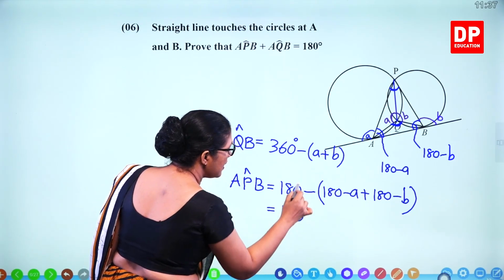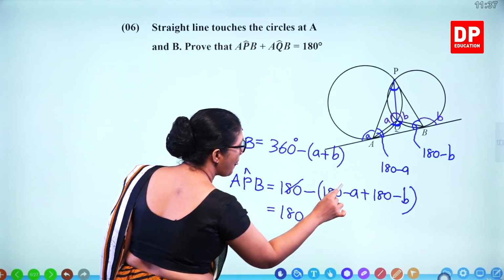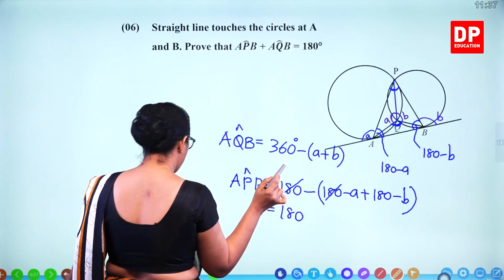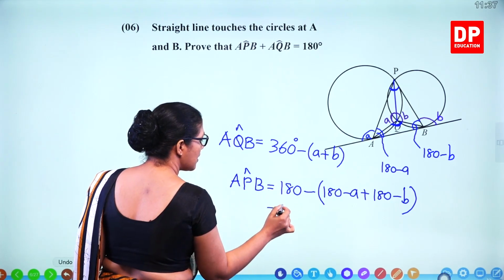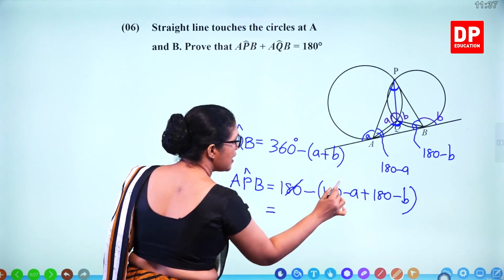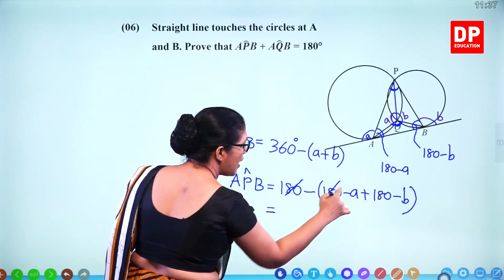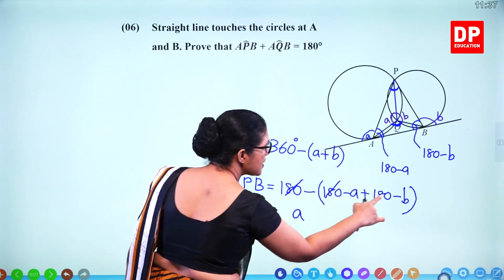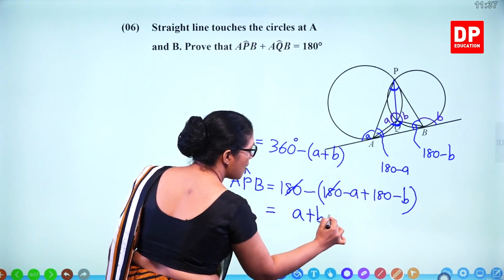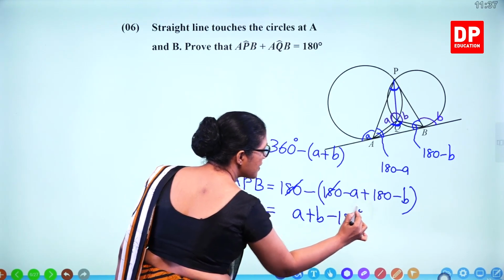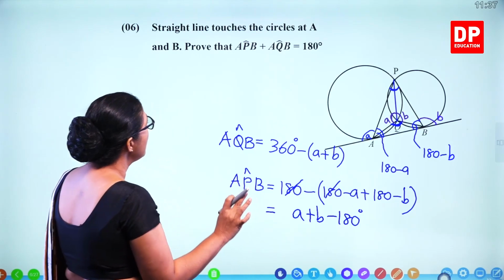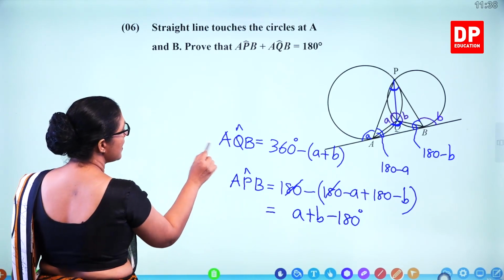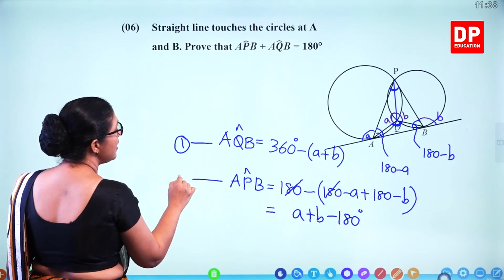The 180 gets cancelled out. So I'll write this: minus minus plus A, minus minus plus B, minus 180 degrees. That's APB.